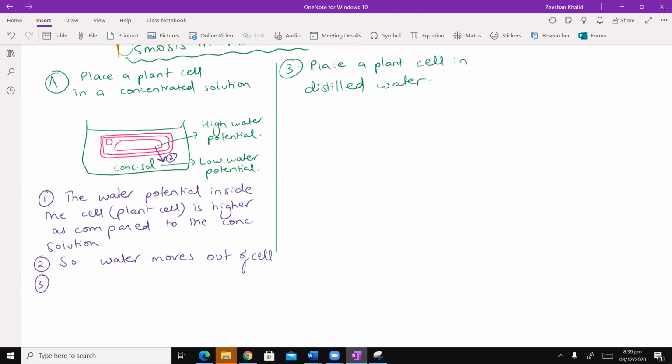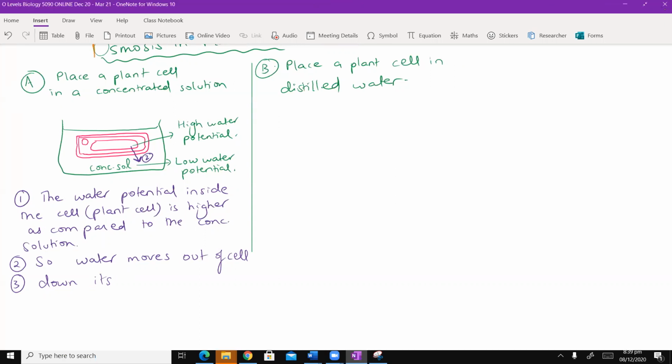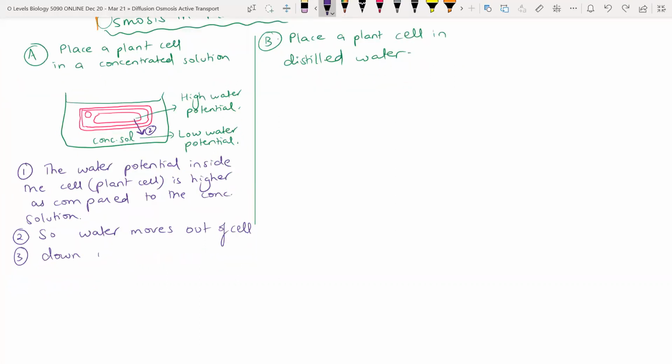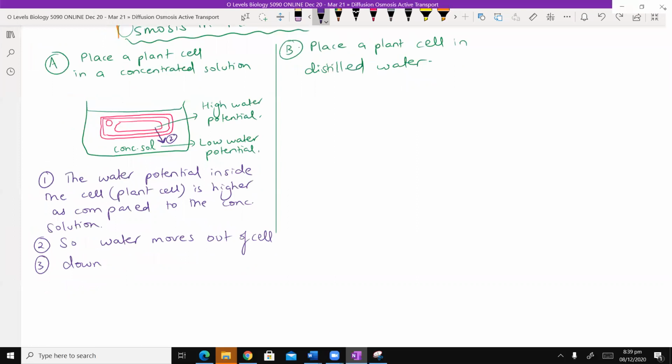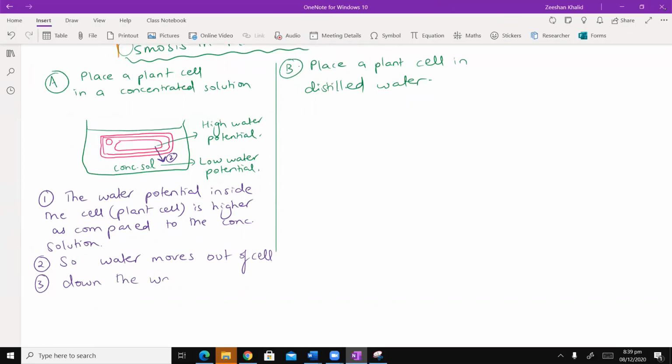We have to qualify this: it moves down the water potential gradient, which of course means from high to low. That's obviously understood, but I'm just writing it for the sake of clarity.